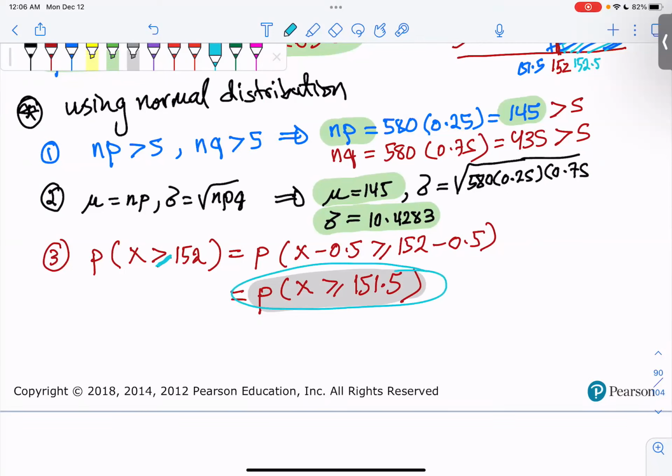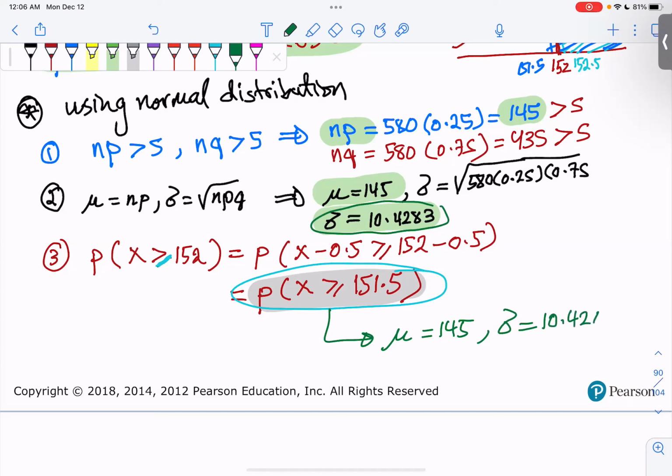So now we can find this probability using StatCrunch, where remember that you will use mu equal to 145 and sigma equal to 10.4283.